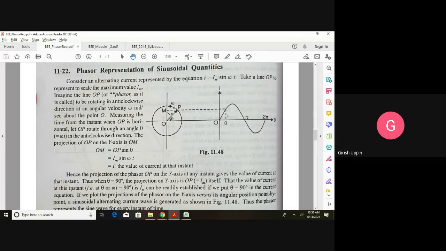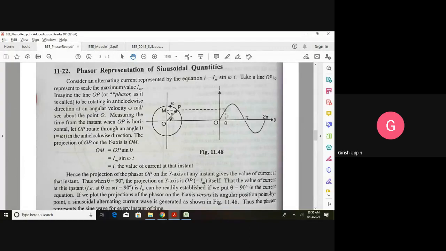When I rotate further to this point, OP becomes 90 degrees, which gives the peak value of the projection. Now if I rotate in this direction, the projections I get on the y-axis I am going to plot along the x-axis. When OP becomes 180 degrees, again the projection is 0.